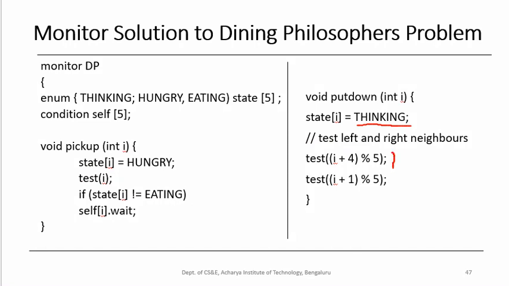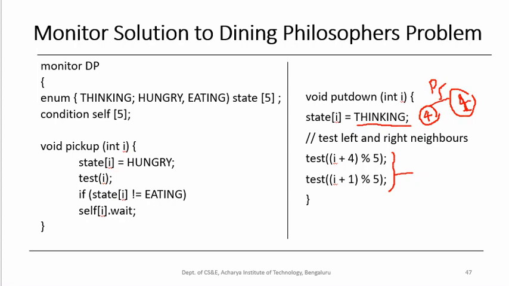and philosopher 5 checks the philosophers sitting to the left and to the right of him, to see if they are waiting for the chopstick that he was holding till now.